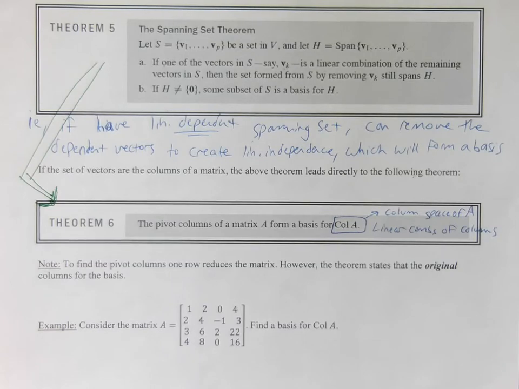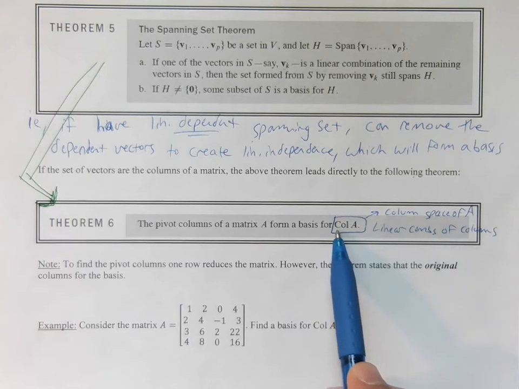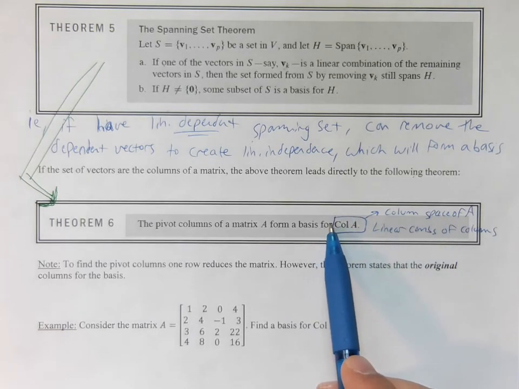And so it's saying that if you have too many of them, in other words, if some of them aren't linearly independent, you can remove some, and the ones that you keep form a basis.